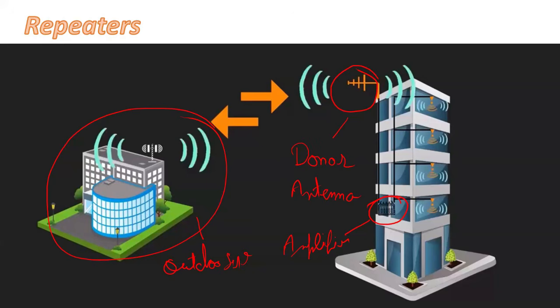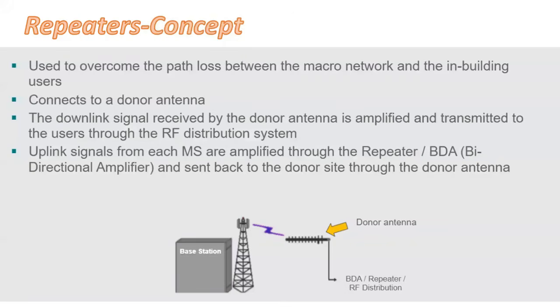In-building repeaters are active devices used to overcome the path loss between the macro cell and the in-building users. Why? Due to high losses produced by walls and other building partitions, it may not be possible to penetrate those walls. But with the help of this repeater, we can penetrate those walls as well, because we have better line of sight with the help of those DAS antennas.